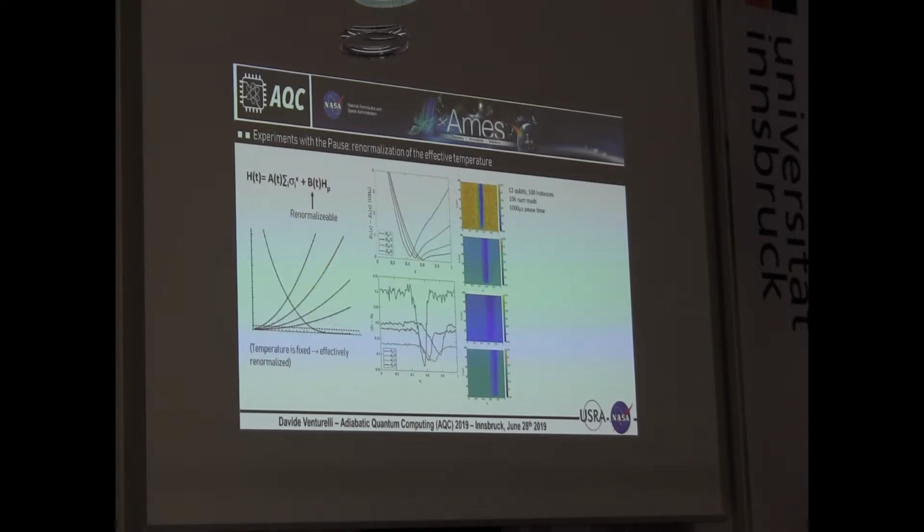We also did tests by rescaling the problem Hamiltonian, and this has two effects. One is increasing the effective temperature because the relative magnitude between the temperature and the problem Hamiltonian is being modified, and also it moves the minimum gap towards the end of the anneal if you divide the problem Hamiltonian by a factor.